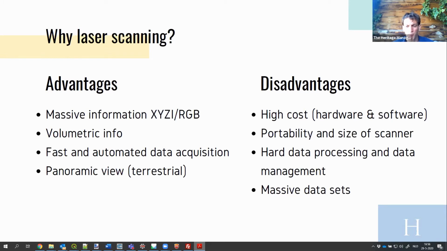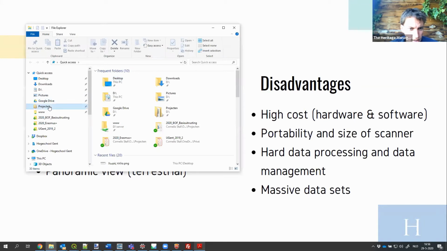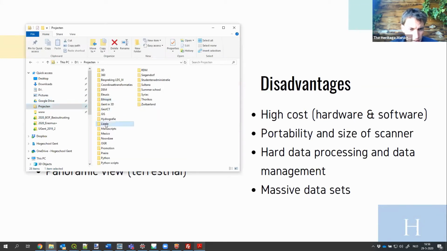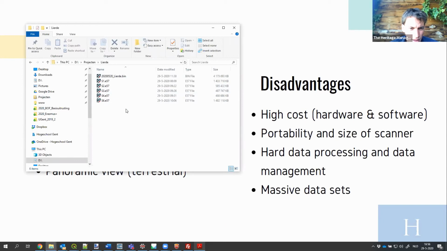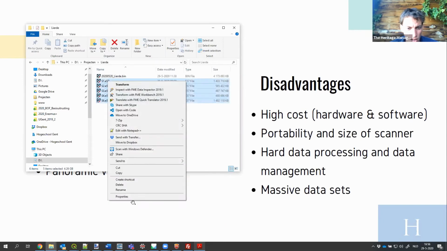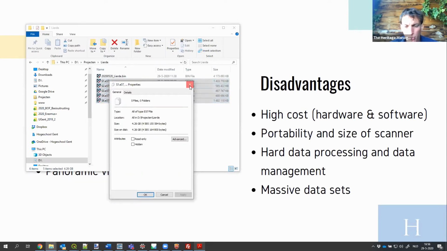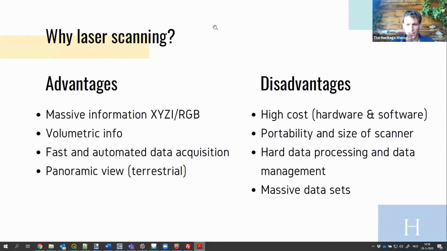The main idea here is that you will work with massive data sets that you have to store. For example, if I go to my file explorer and take my project of yesterday, I had 5 scans, and these have a total volume of 4.25 gigabytes for only 4 scans, or let's say 100 million points. So imagine if I was doing the entire site, because I only covered a small portion of the site. It can increase heavily.